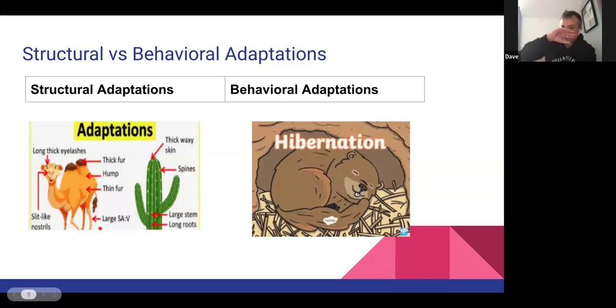You won't see it down here, but they have nice flat feet so that walking on the sand is a little easier. Now behavioral adaptations, hibernation, okay? Nothing about their body, but how they act, okay? So your behavior or what you have.